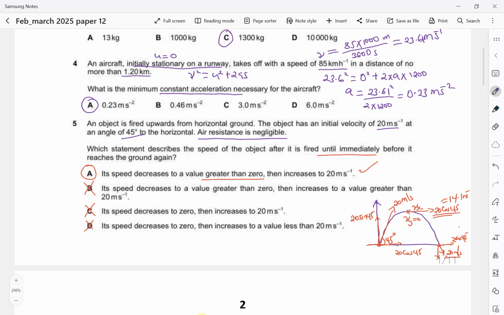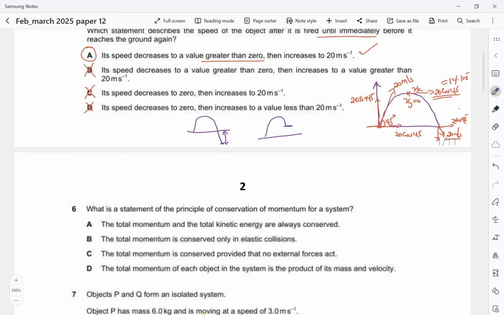I'm still emphasizing that the speed will only go beyond 20 meters per second if it falls below the point of projection. That is, if the motion starts from, say, this point and then the body falls to this point, it will have fallen below the point of projection. Then the speed will be less than 20 meters per second if the object is projected and lands at a point which is above the point of projection. So the answer is A.